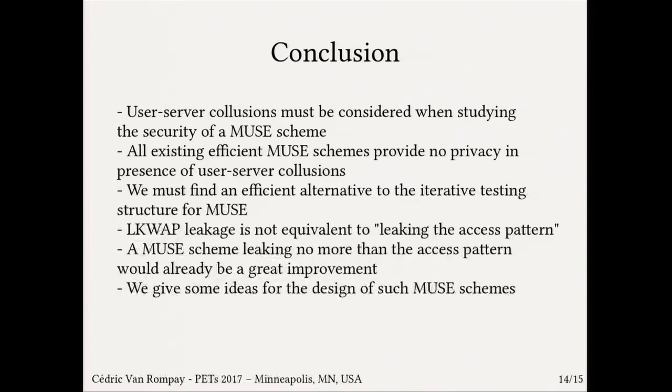And no, LKWAP is not equivalent to leaking the access pattern. Actually, LKWAP is much worse in terms of security than access pattern leakage. And it would already be a nice improvement to have a MUSE scheme that leaks no more than LKWAP. So at the end of the paper, we give some ideas that we're working on for improving the state of the art on MUSE, but it's still a work in progress.